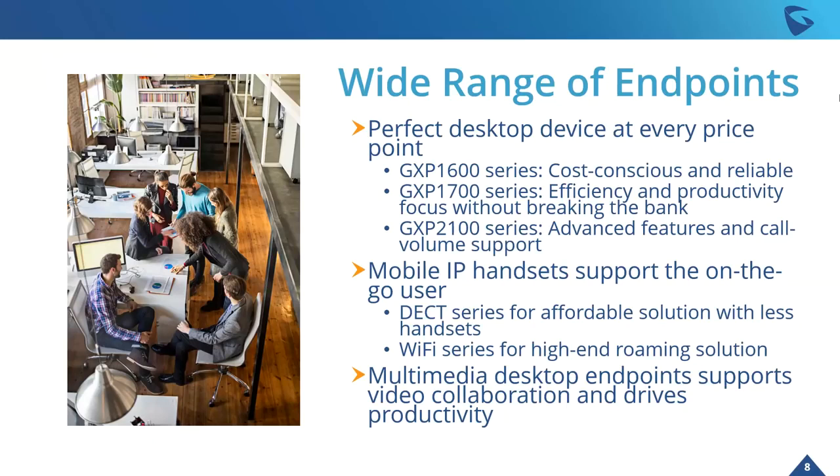We also have our Wi-Fi WP series for high-end roaming support. So for those larger offices in enterprise buildings where individuals may be having to roam around in order to collaborate with different departments, different groups of people going floor to floor, they can efficiently move around while still having that collaboration right on their hip.